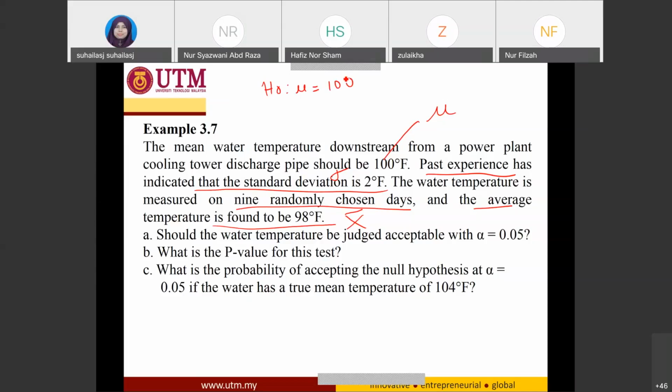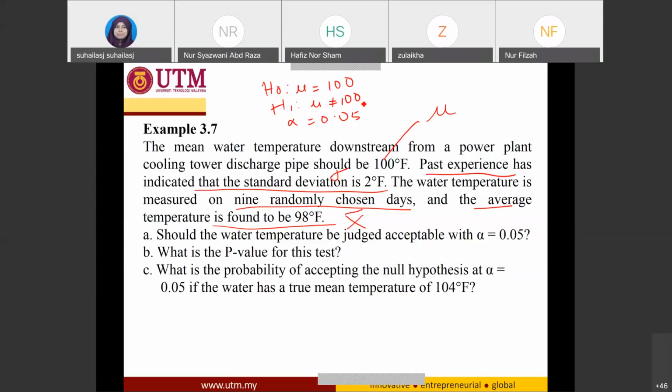Dia tak ada mention less than or greater than, so we have mu unequals to 100. Okay, sebab dia kata average temperature is found to be 98. Direct je. And then your alpha is 0.05.